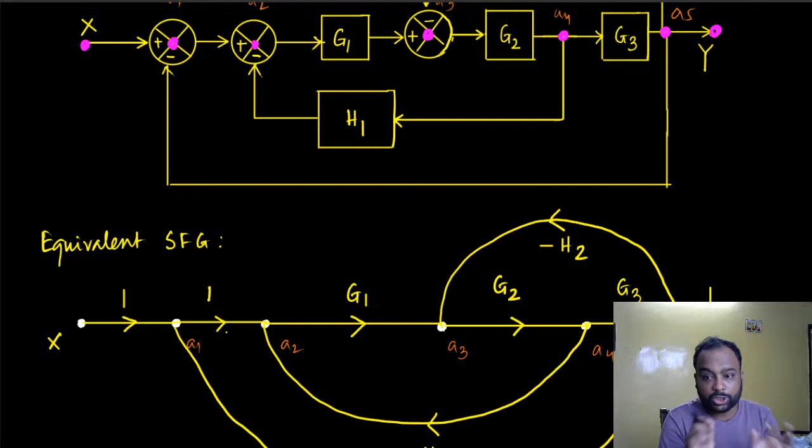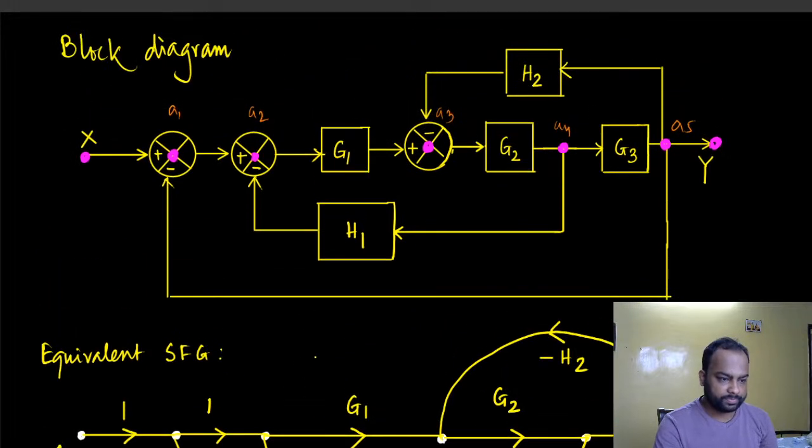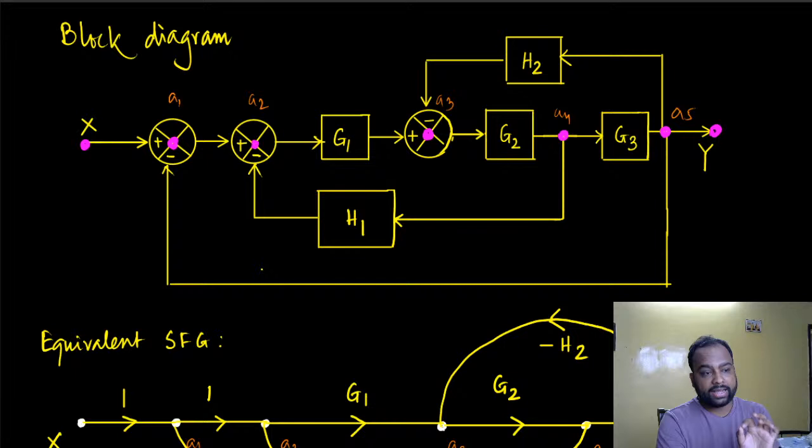That was also true when you studied Kirchhoff's laws: the algebraic sum of signals, or rather currents, at a particular node is equal to 0. So if signals are coming in, then equivalent signals are going to come out.